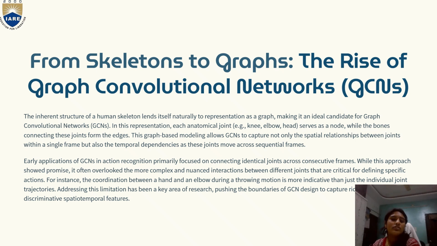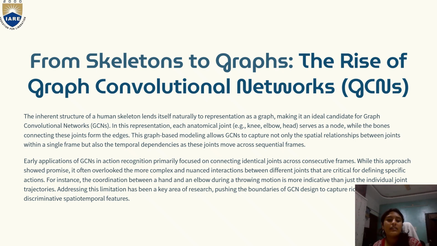Early applications of GCNs in action recognition primarily focused on connecting identical joints across consecutive frames. While this approach showed promise, it often overlooked the more complex and nonlocal interactions between different joints that are critical for defining actions.